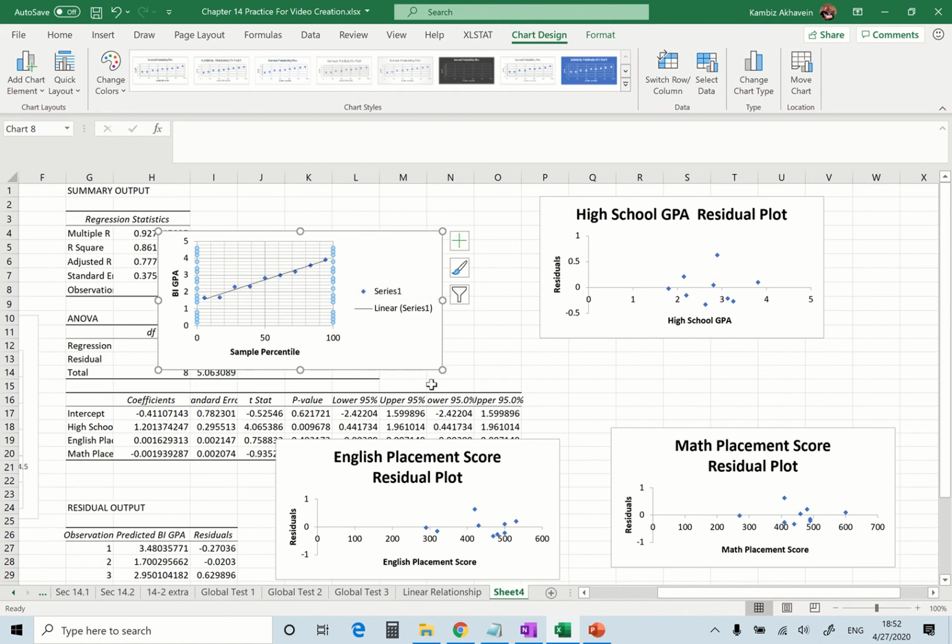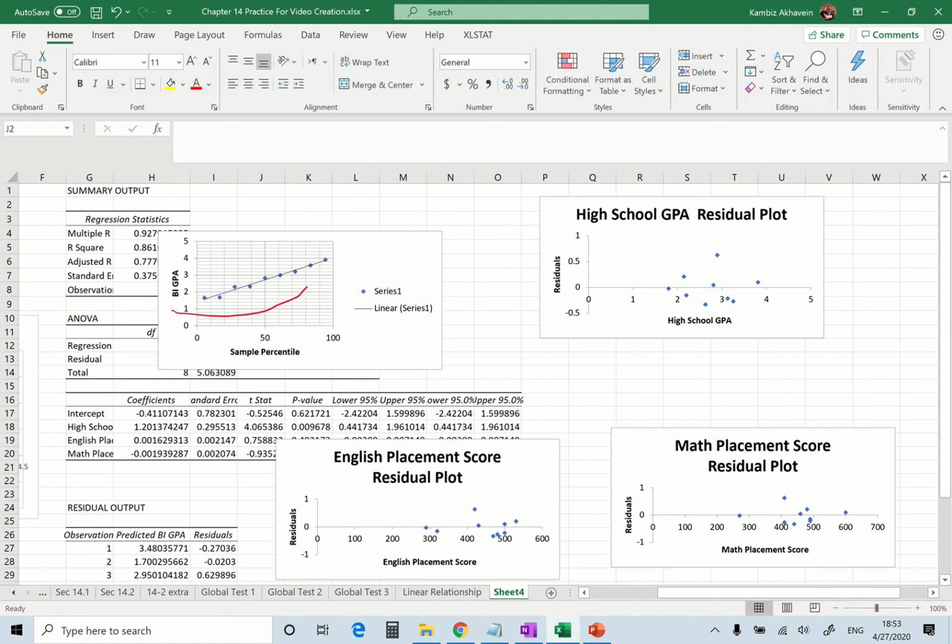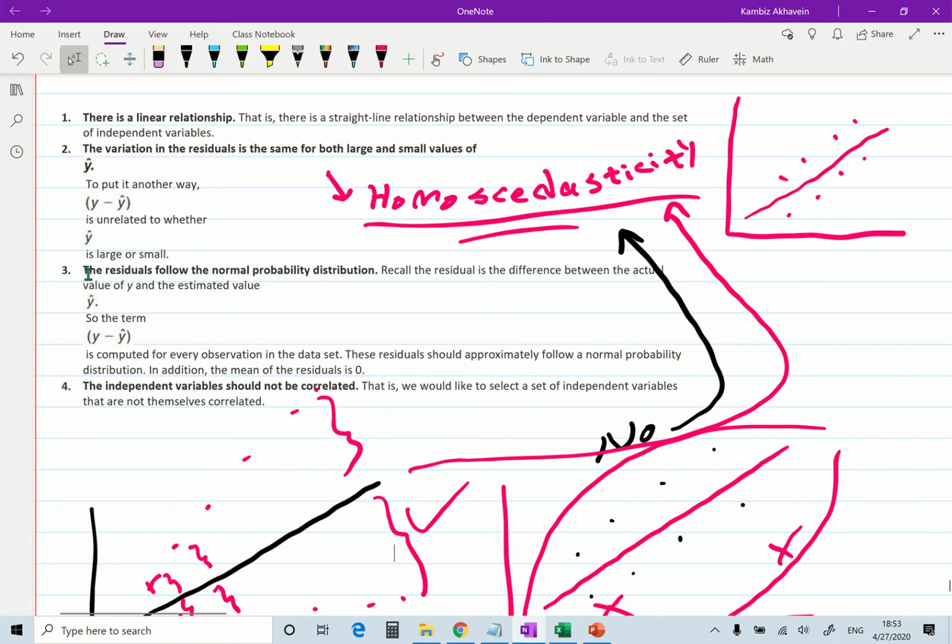But if the points are shooting up or shooting down, or they are not along a line, then it is not normally distributed. So these points should be very close to that line, which it is. You see how close the points are to the line? So that means that this third one, the residual, follows the normal probability plot.